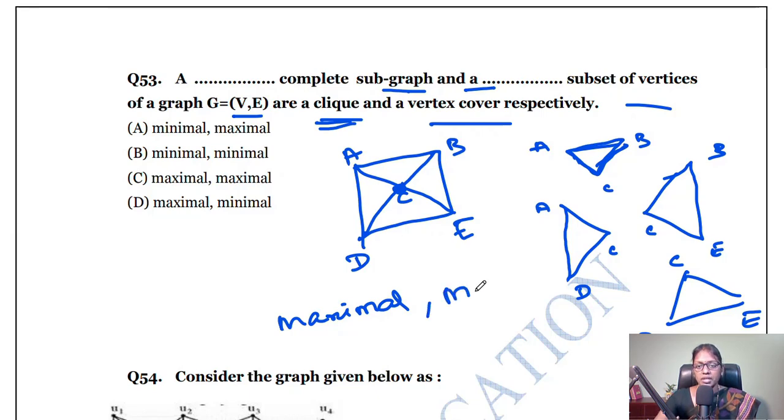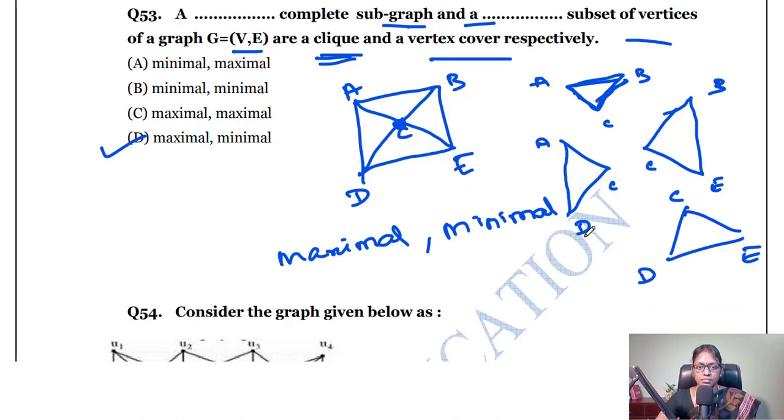So a maximal complete subgraph and a minimal subset of vertices, that is option D: a maximal complete subgraph and a minimal subset of vertices of a graph G equal to (V, E) are called a clique and a vertex cover respectively.